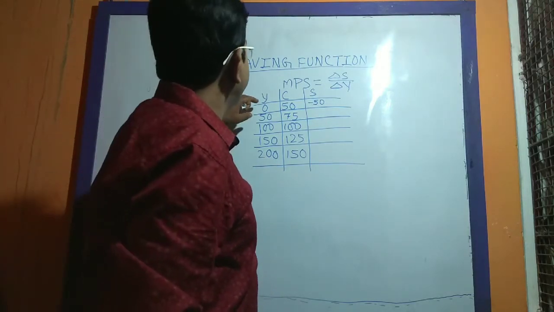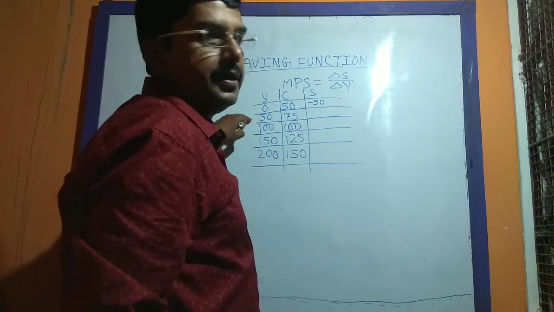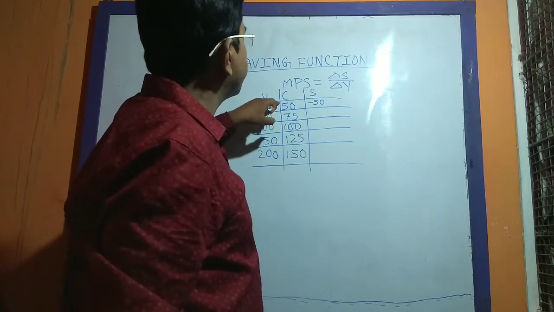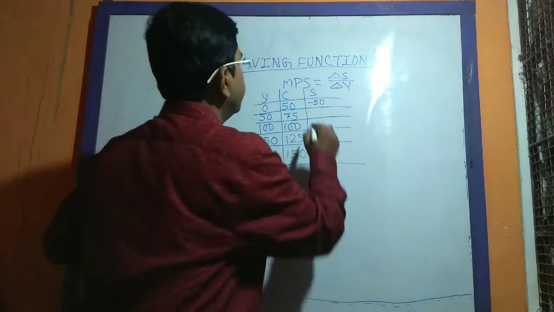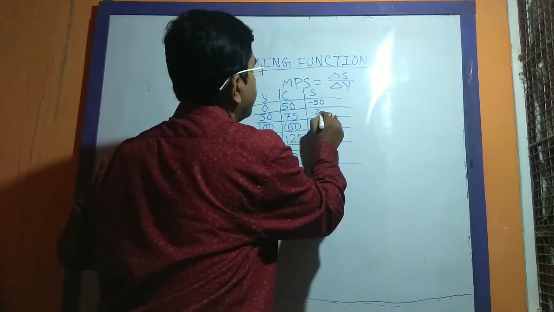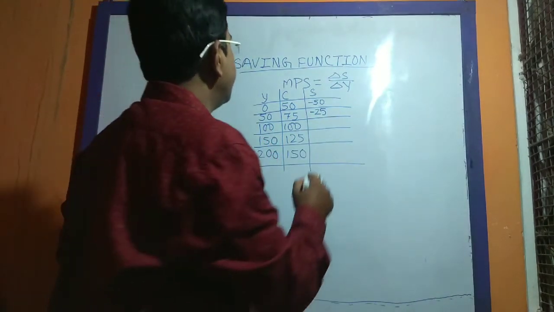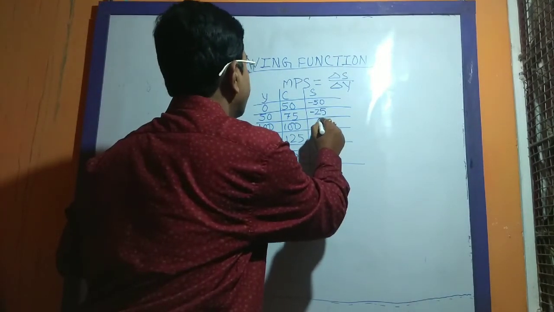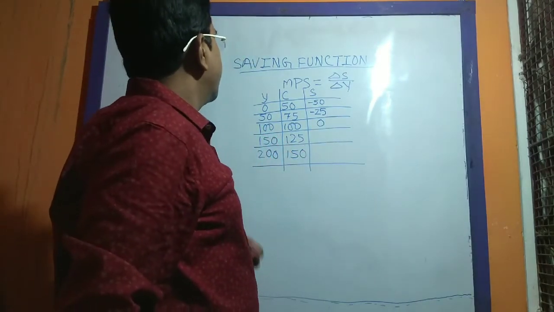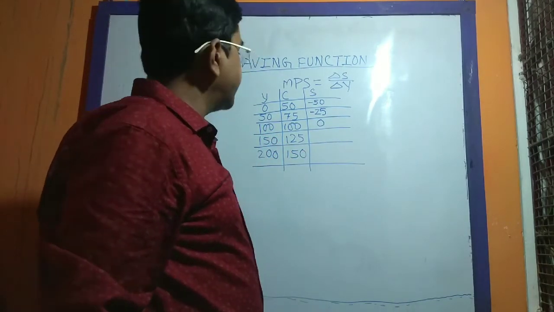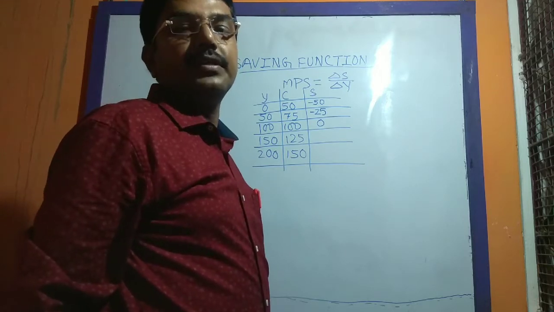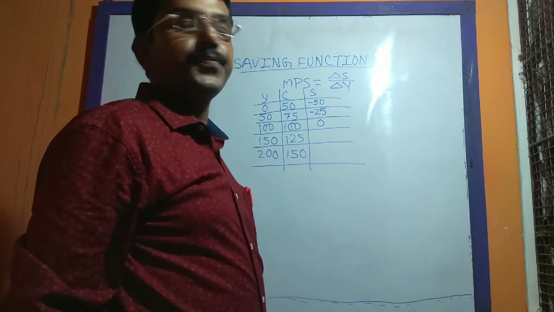As income increases from 0 to 50, consumption also increases from 50 to 75. Again there is a situation of negative saving, minus 25. When income is 100, income is equal to consumption, that means saving is 0.